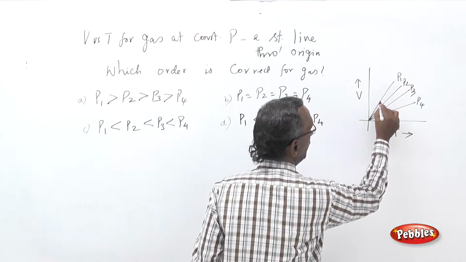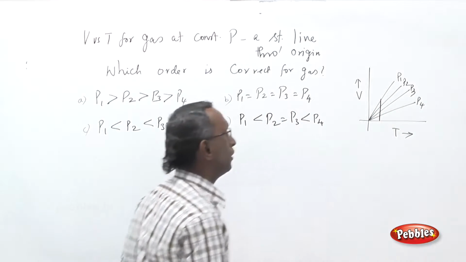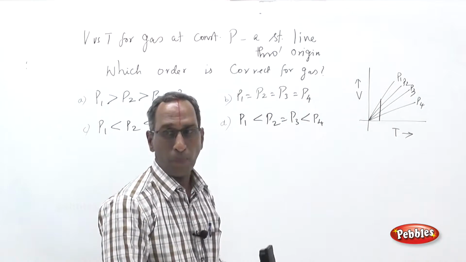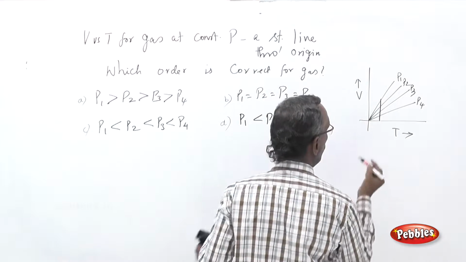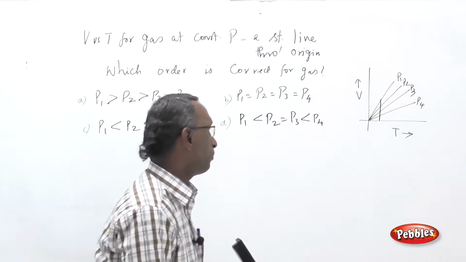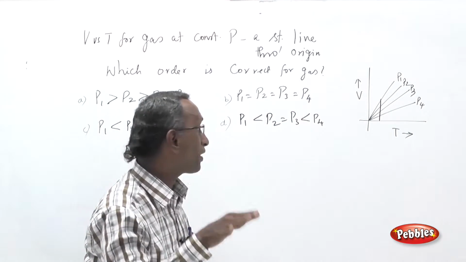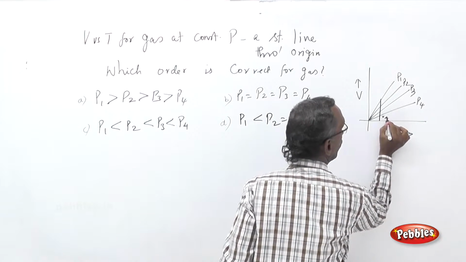For this analysis, let us fix a line parallel to the volume axis. Correspondingly, we can mark the respective volumes. The bottommost straight line is the plot at constant pressure P4. Let the corresponding volume be V4.